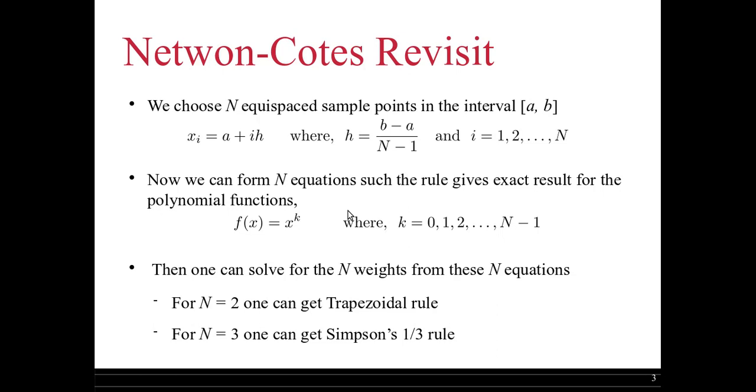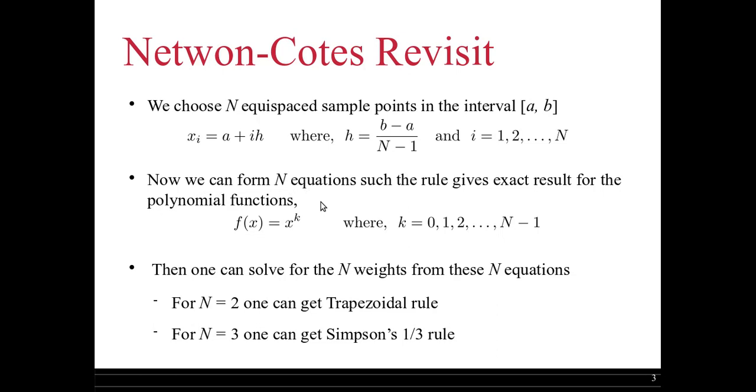If the rule gives you the exact result for polynomials like f(x) equals x to the power k, then it will give the exact result for any polynomial of degree n minus 1.